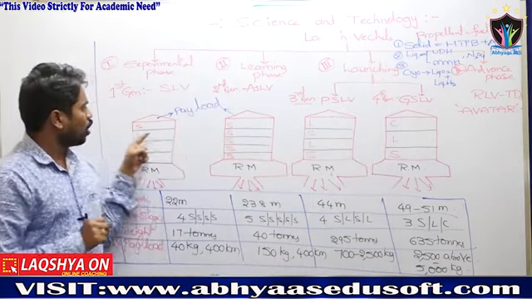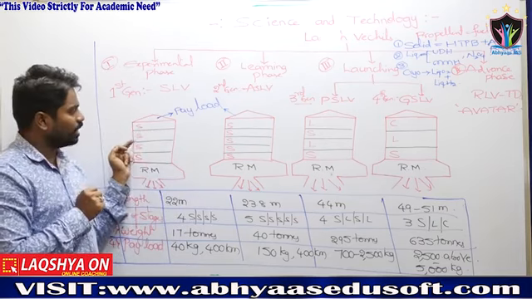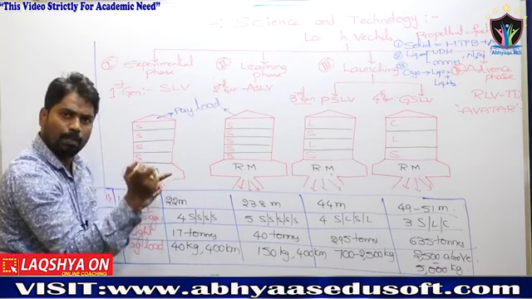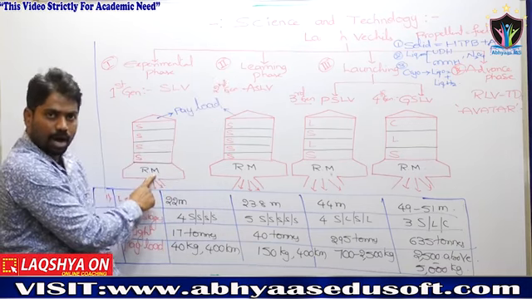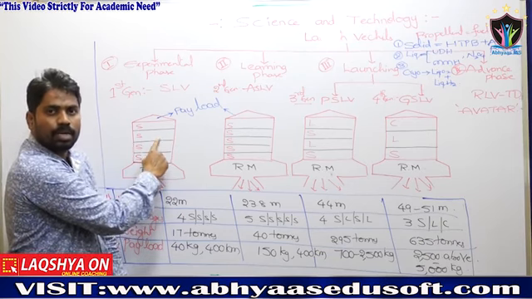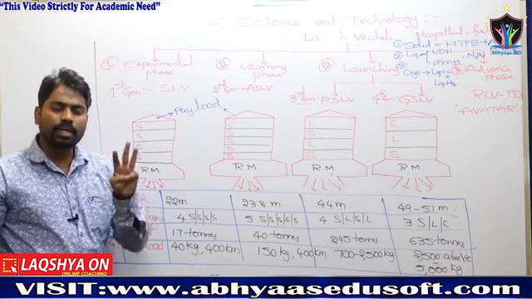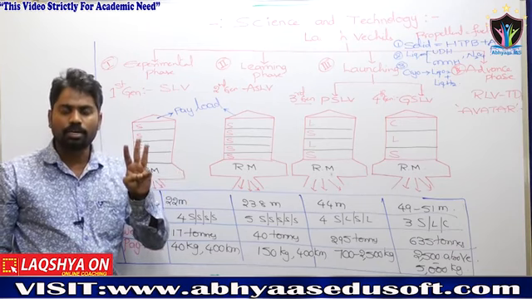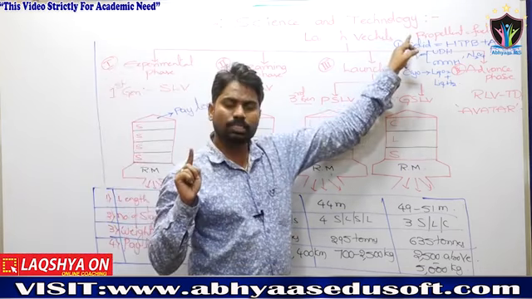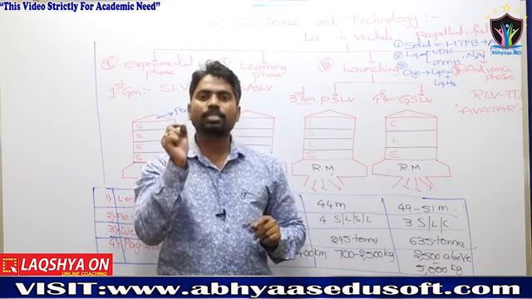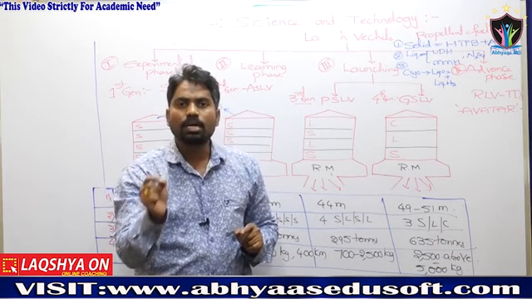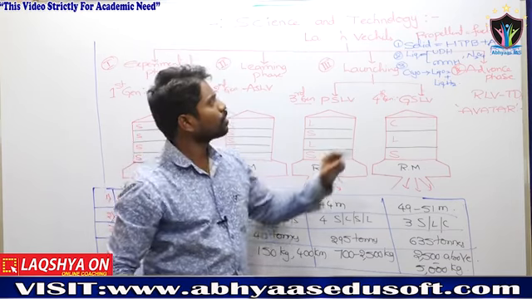A launching vehicle is a delivery vehicle. It delivers the payload into free space with the help of a rocket motor, RM, as well as the ignition of the fuel. In the launching vehicle, there are 3 types of fuels, 3 types of propellants. Propellant means fuel plus oxidizing agent.